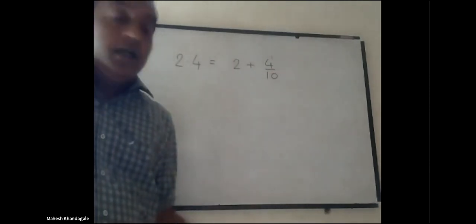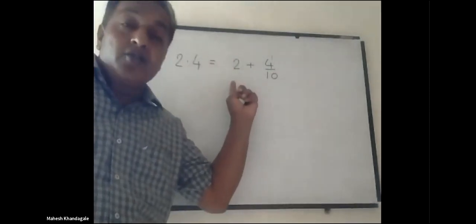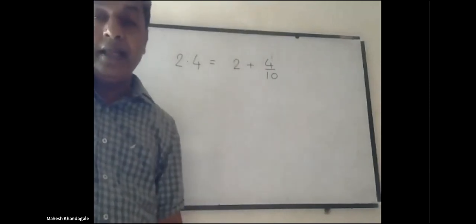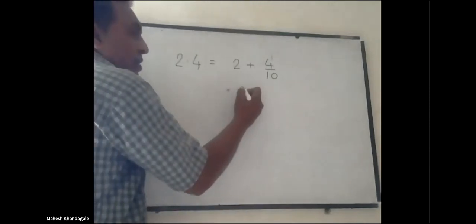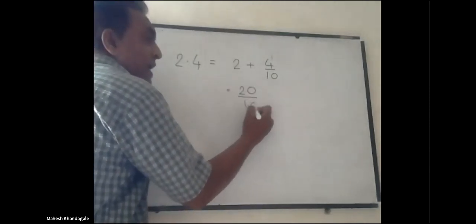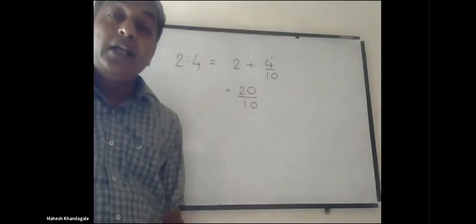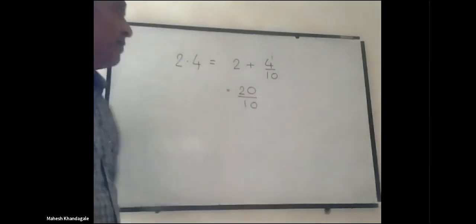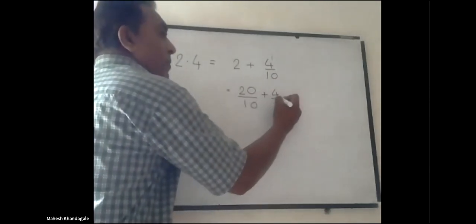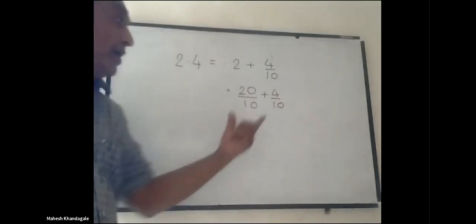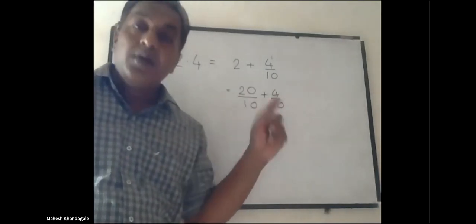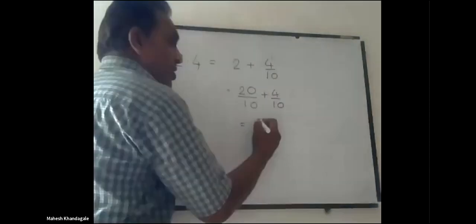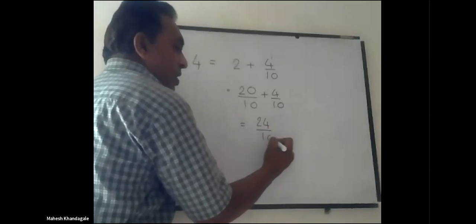Correct. Now this 2, the denominator should be 10. So we will multiply the numerator and denominator by 10. In short, 2 can be written as 20 upon 10. We take an equivalent fraction whose denominator will be the same as this, plus 4 upon 10. Now since the denominators are same, you can add the numerators. So in numerators, 20 plus 4, 24 upon 10.